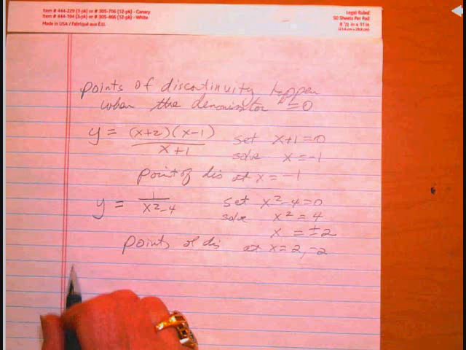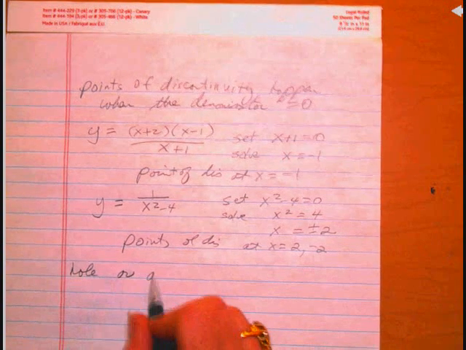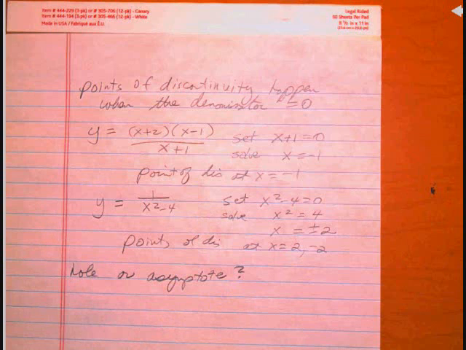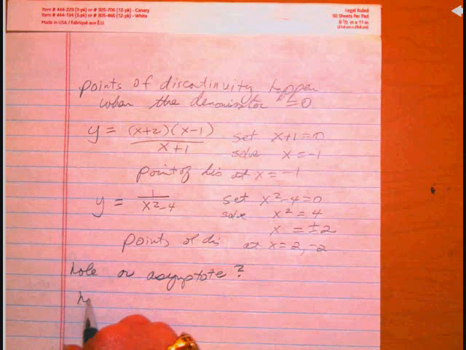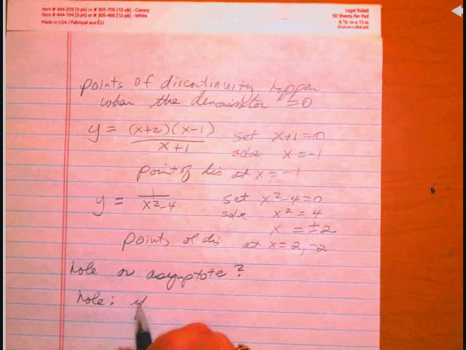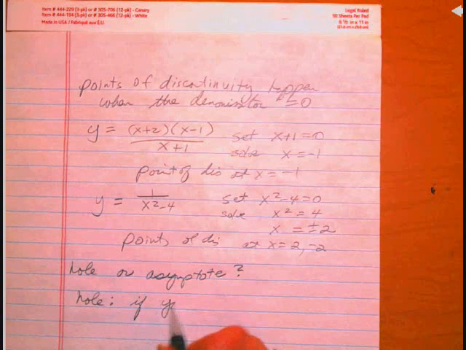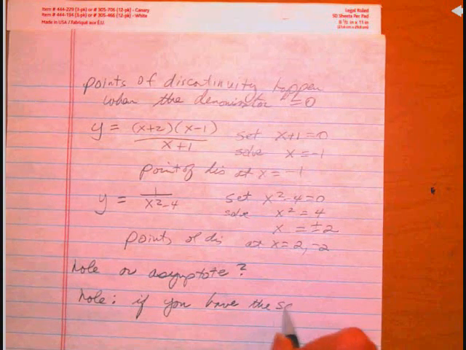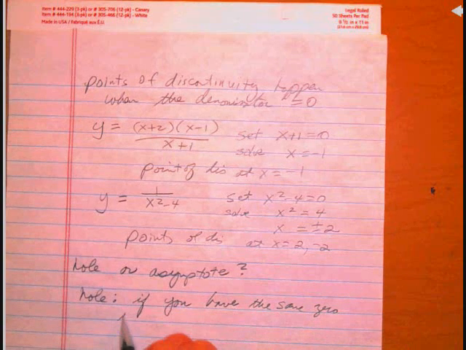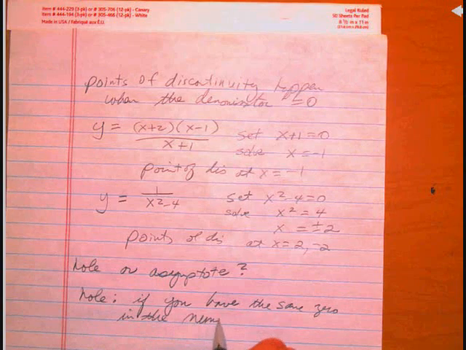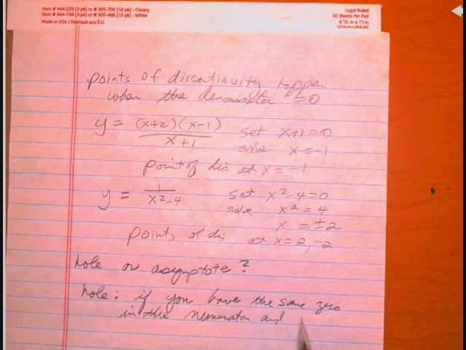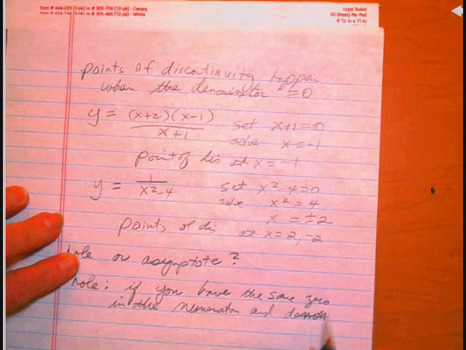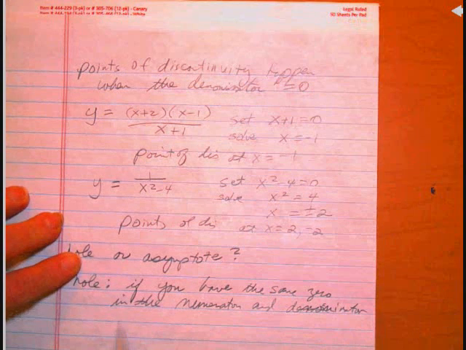Okay, so hole or asymptote. The rule for a hole: if you have the same 0 in the numerator and the denominator, you get a hole.